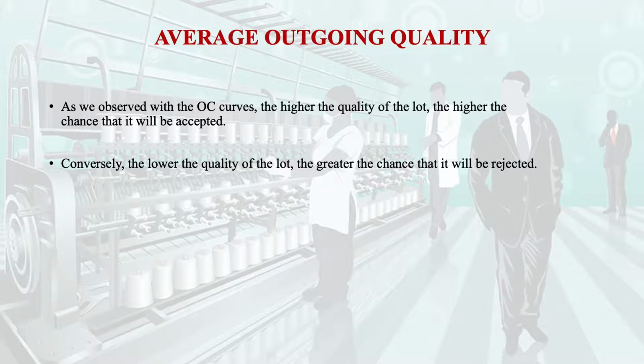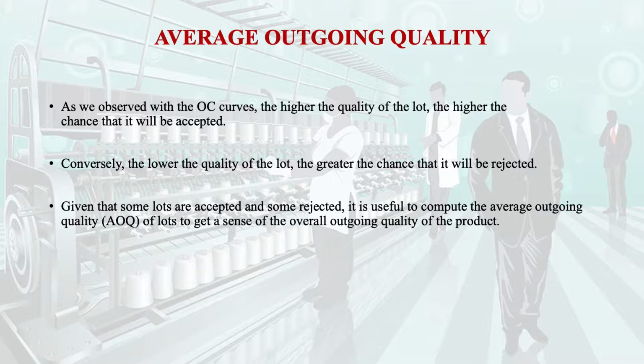Conversely, the lower the quality of the lot, the greater the chance that it will be rejected. Given that some lots are accepted and some are rejected, it is useful to compute the average outgoing quality of lots to get a sense of the overall outgoing quality of the product. That is why we calculate AOQ.